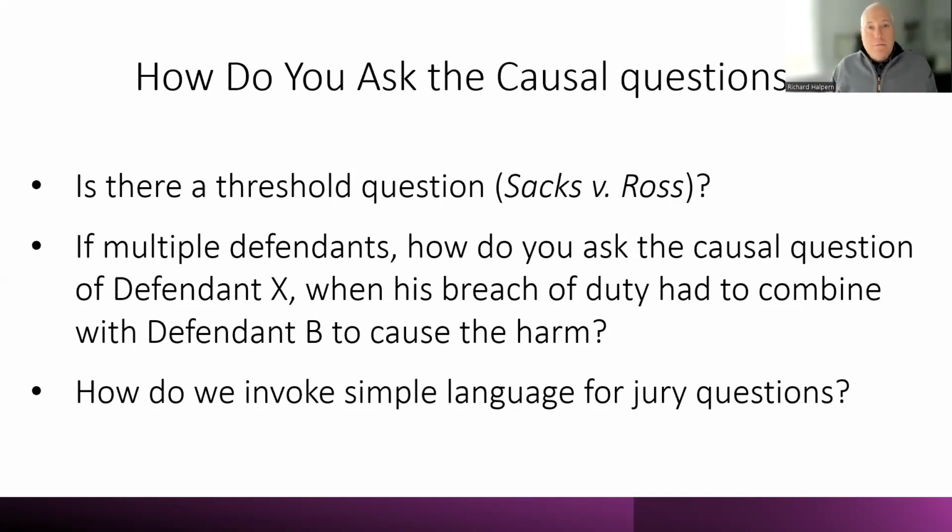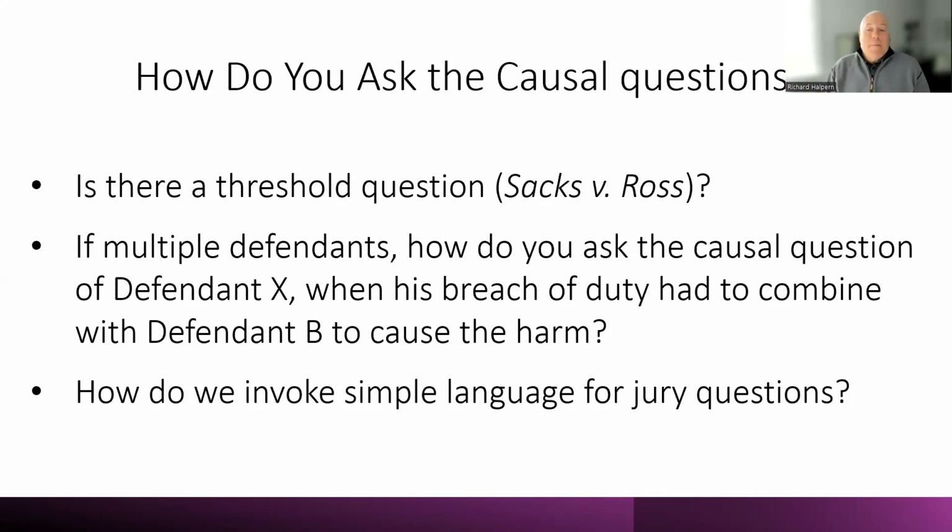That way it's individualized or individuated as against that person. But you can imagine a delayed diagnosis case where there are multiple players involved. You can imagine that by asking that question of any single defendant, you may not find causation where you know it to exist.